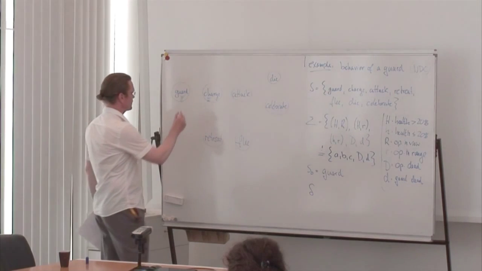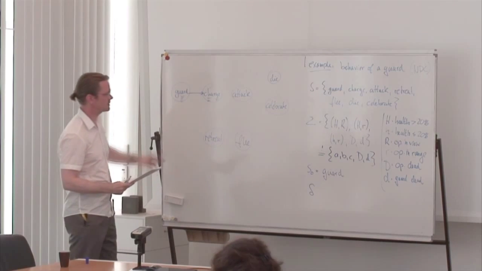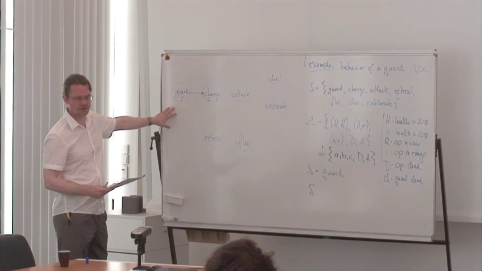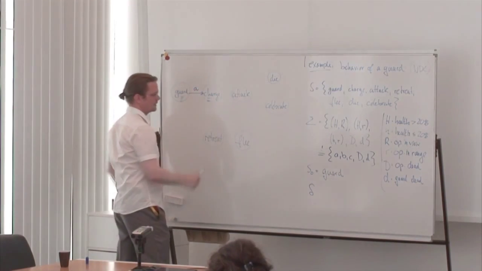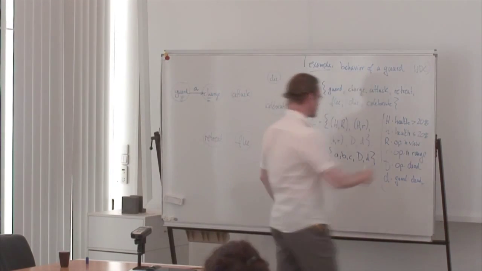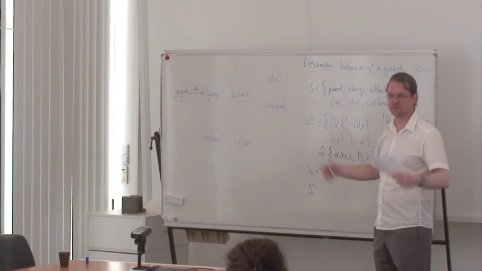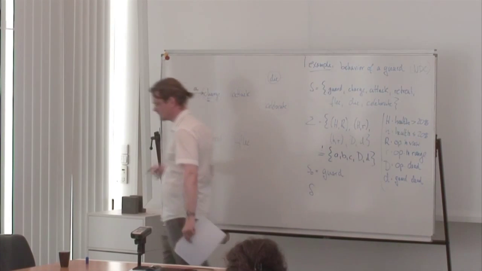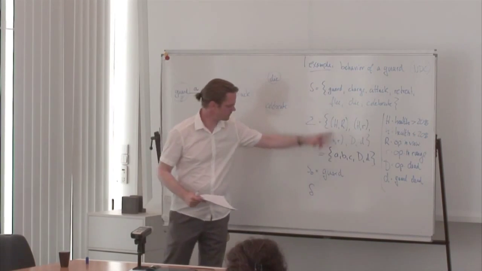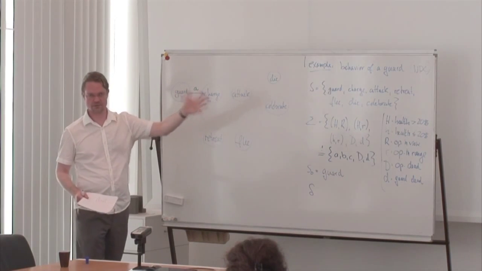So, for instance, if the non-player character is in the current state called guard, and it happens that an opponent comes into view, capital R, and the guard has enough health, in this case the input is A, and the guard should charge towards the opponent.